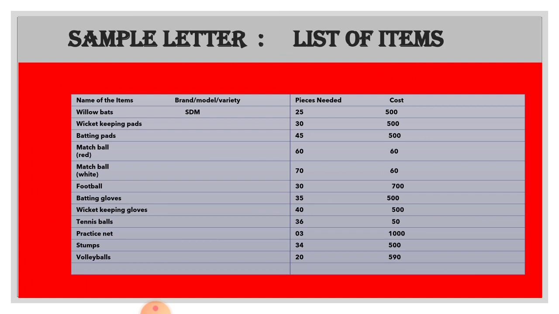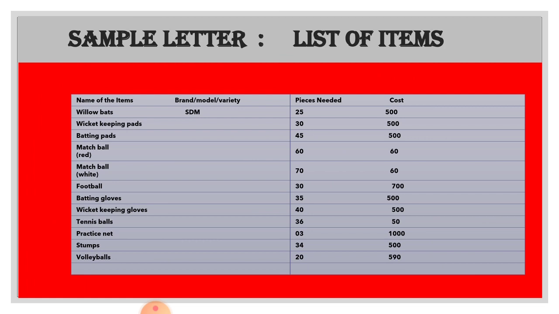Then we have to write the brand or the model or the variety. Whatever brand, whatever is the model or the variety makes the product specific, so that you get exactly what you require and there is no mistake in the consignment delivered.